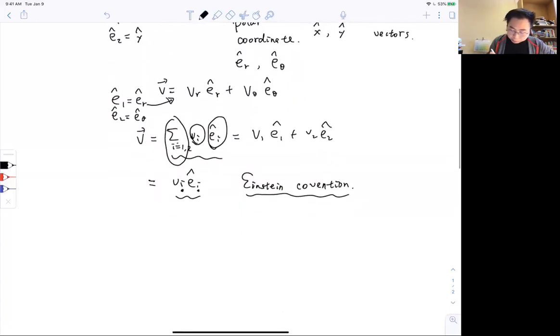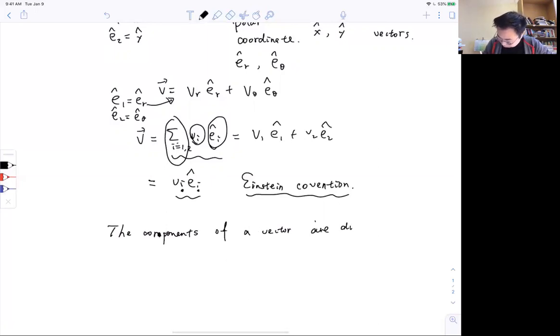One important property of vectors is that the components of a vector can be different, in different coordinates or in different bases.